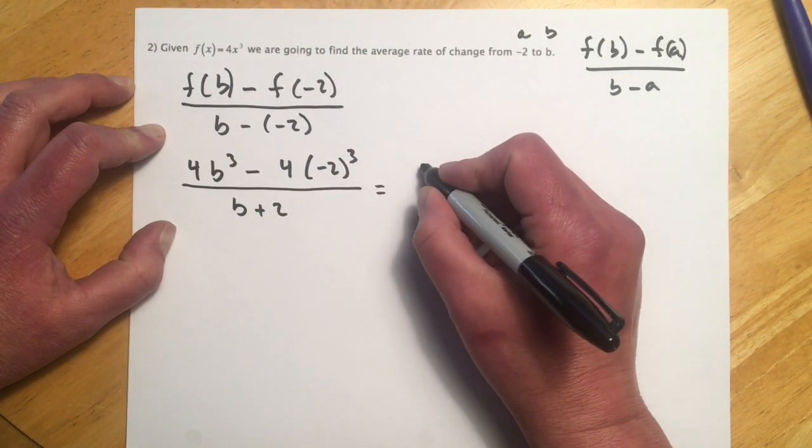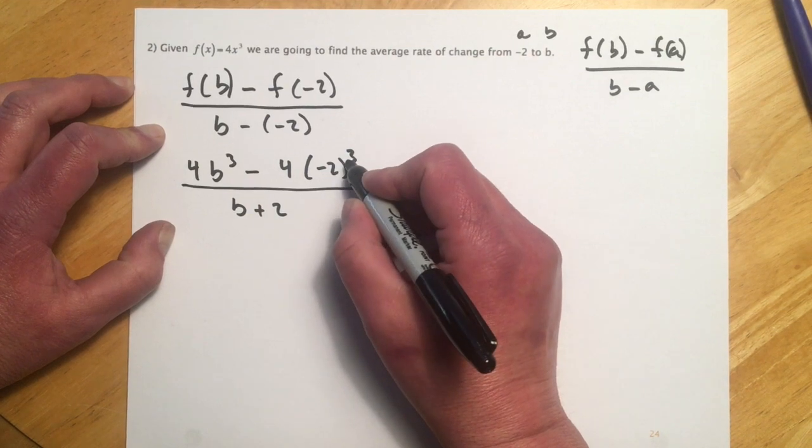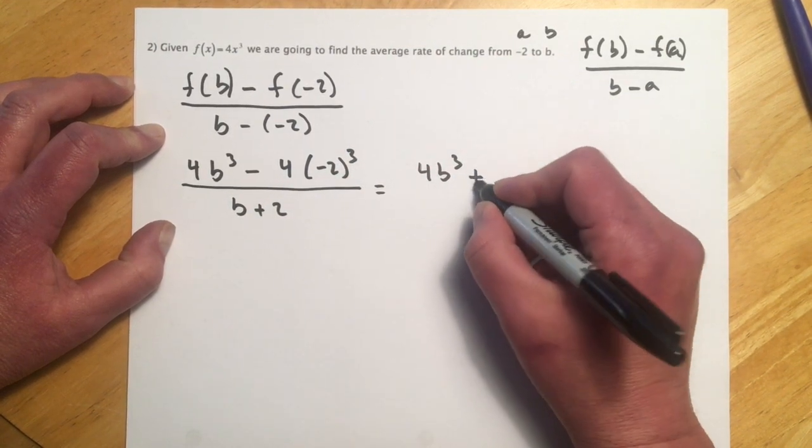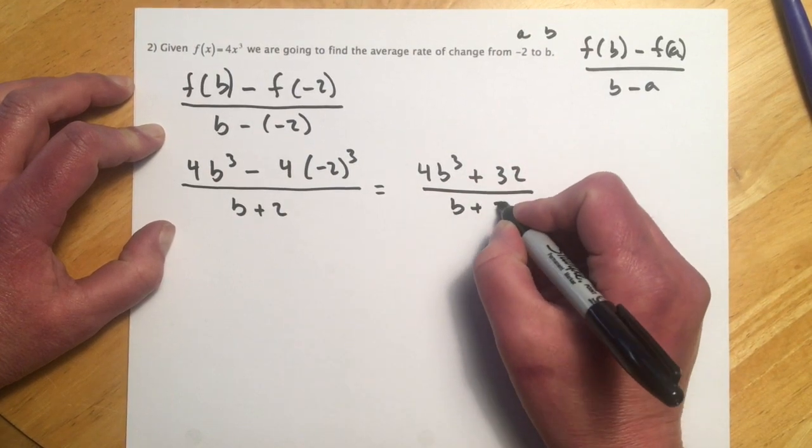Cleaning this up a little bit, I'm going to get 4b cubed minus, this is -8 times 4, so that'll be plus 32 over b plus 2.